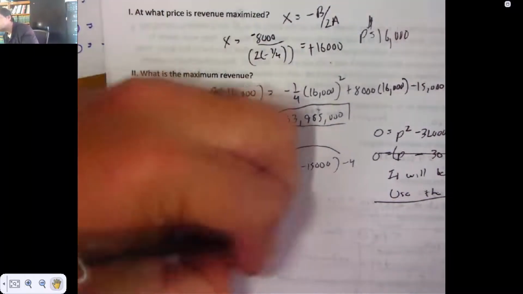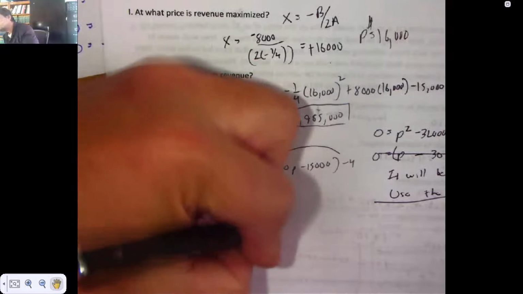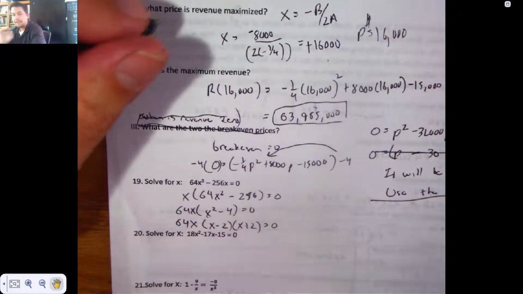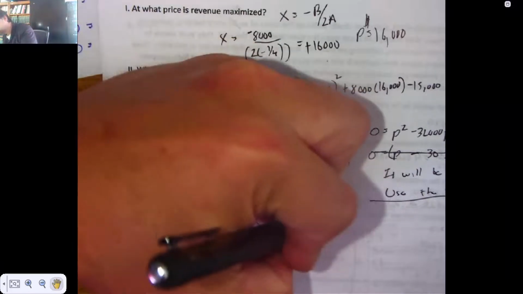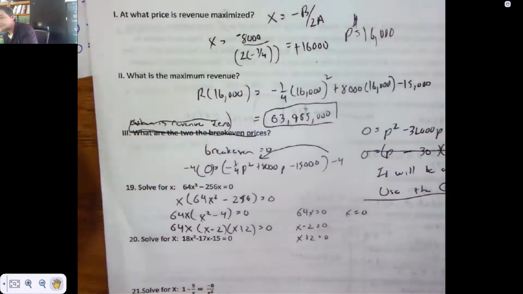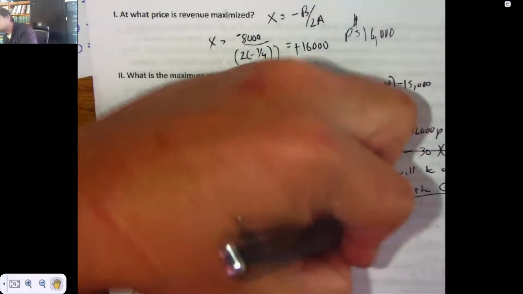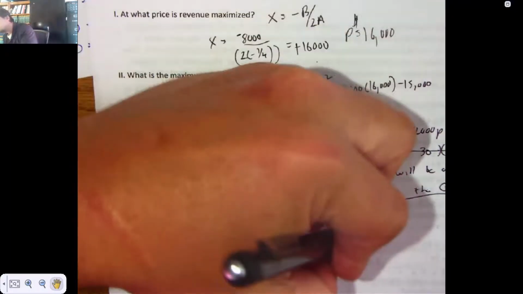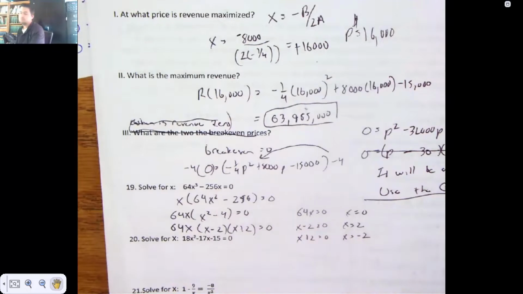It factors x minus 2 times x plus 2. Then I use my cover-up idea. I have 3 zeros there. 64x is nothing, x minus 2 is nothing, or x plus 2 is nothing. The top one tells me that x is 0 because I divide both sides by 64. The middle one tells me x is 2, and the last one tells me that x is negative 2. Easy peasy.